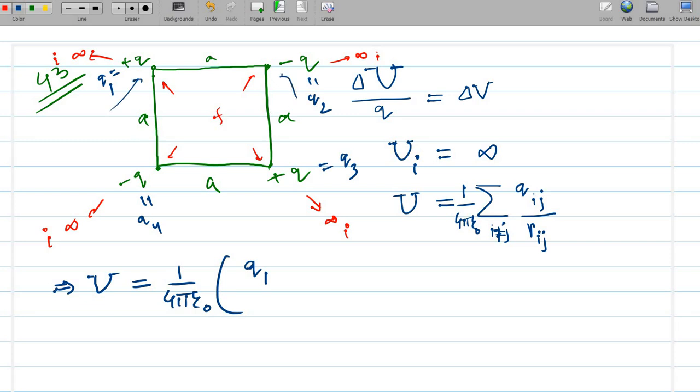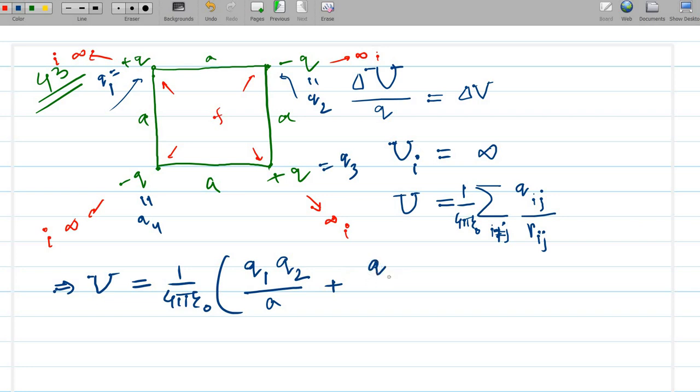Then you bring in Q2, then the electrostatic force has to work, whether it's positive or negative, determined by the signs of the charges. But it has to work in the presence of Q1. So you have Q1 Q2 divided by the distance in between, which is A. Now that Q1 and Q2 are here, you have to bring in Q3.